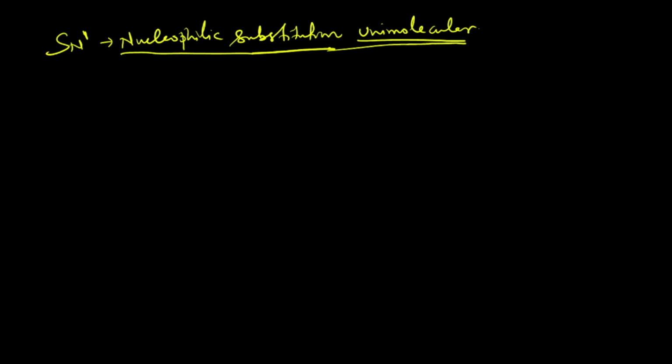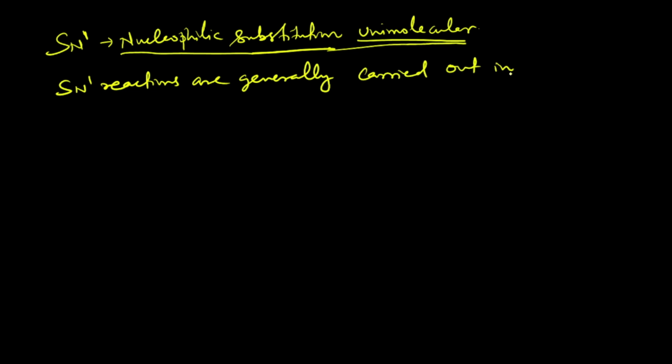If your alkyl halide concentration is less, then the reaction will be slowing down, correct? So first we will write it down and then we will discuss it. SN1 reactions are generally carried out in polar protic solvent.